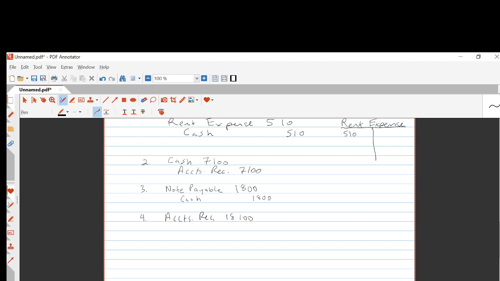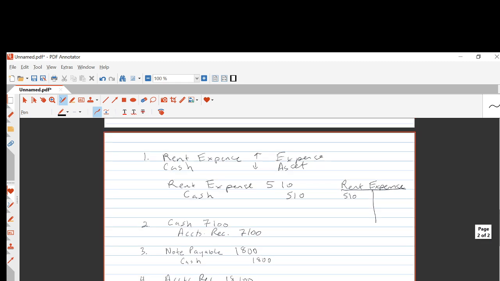And how do we make service revenue, which is a revenue, go up? Remember the rules of debit and credit. This is an R, it's part of the LOR, and those accounts we make go up with a credit. So we're going to credit service revenue, $18,100.